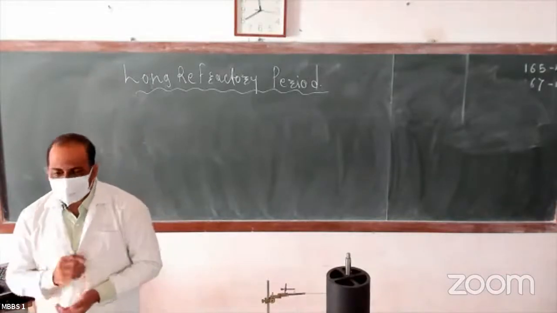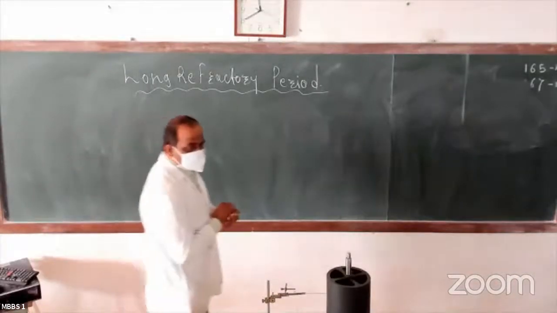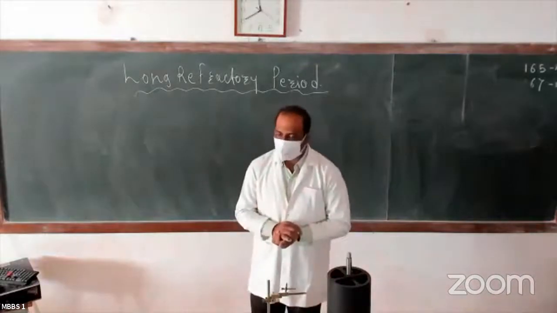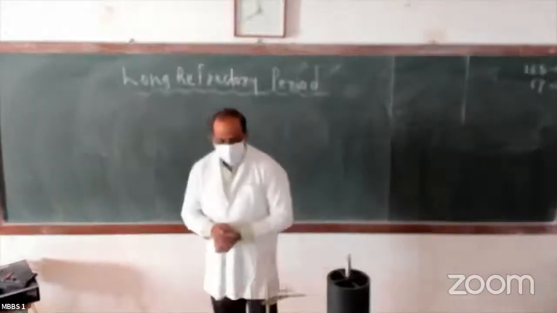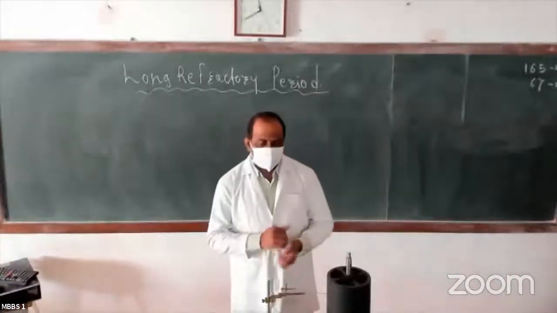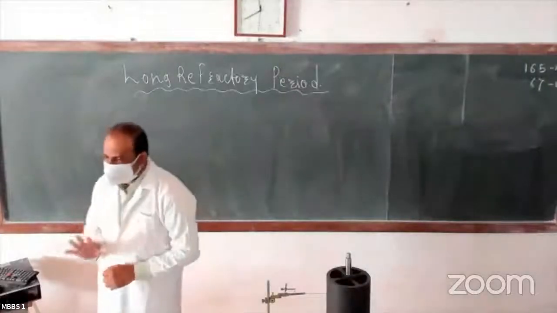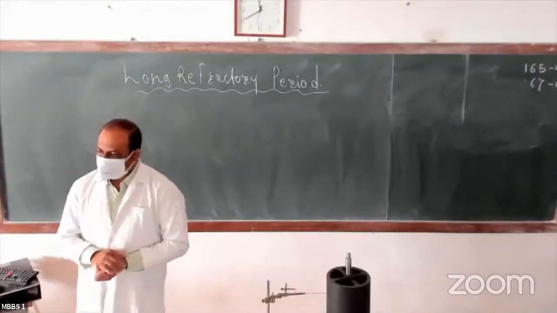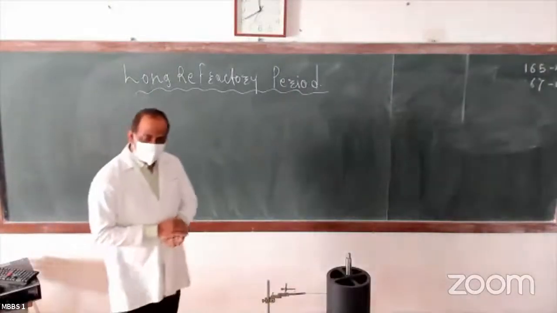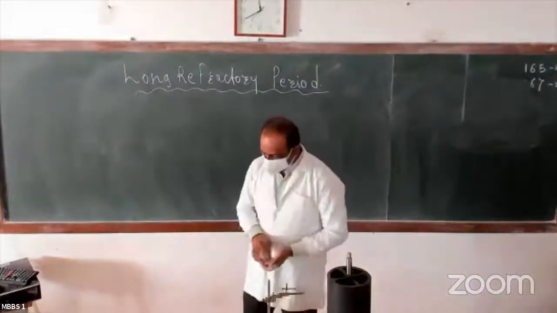Then how will we study this long refractory period in case of the cardiac muscle? For that purpose, we are going to use the same instruments. The difference is we are not going to tie the Stannius ligature at the junction of the sinus venosus and the artery.